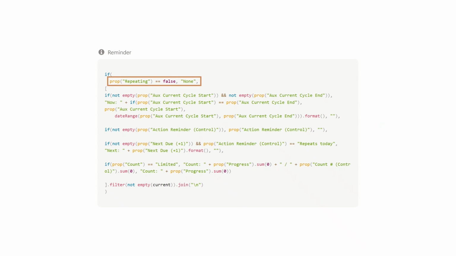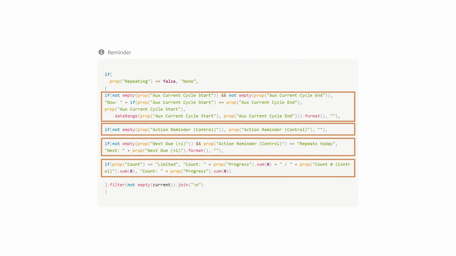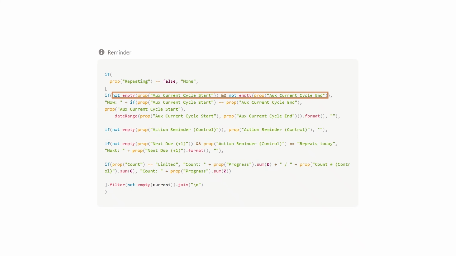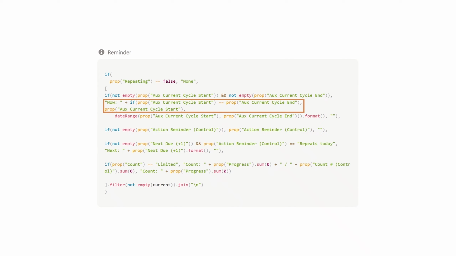But what about for reminder? If repeating is false, then as usual, it's none. But if not, we add this array, enclosed in brackets with a filter for non-empty results, and join with a \n for a new paragraph break. Inside the bracket is this array. This is composed of 4 items. First, if ACC start and ACC end are both not empty, then we want to print the date range, now, plus whatever the date range is.